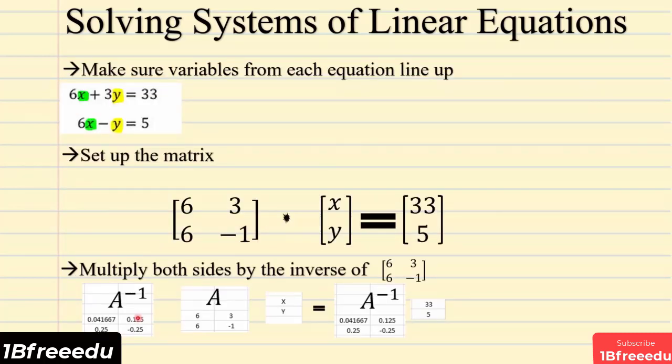Now, before we can use the matrix method, it is important to be able to convert this form of equation into a matrix form for Excel to understand and for us to solve. The way we do that is we begin by first lining up our variables. In this case, I highlighted in green the x's, and as you can see they line up. And in yellow, the y's, they also line up.